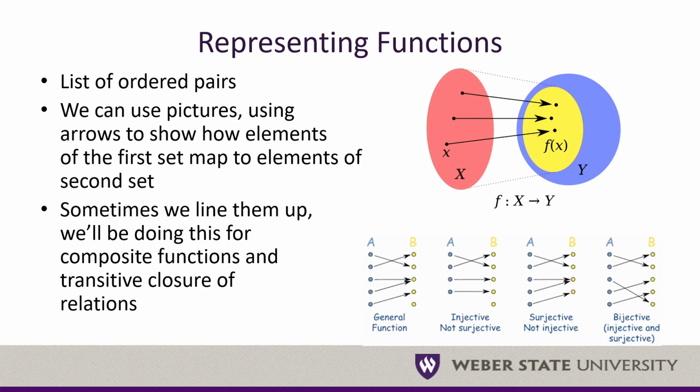So if, for example, I wanted to talk about composite functions where I've got 20,000 in the first set, 20,000 in the second set, and 20,000 in some third set, I could make that composite fairly easily in a computer, but I could represent the idea of what the composite is by using diagrams like that.